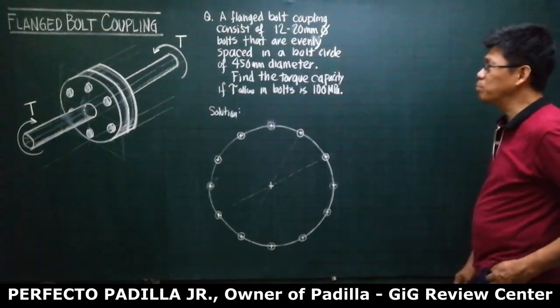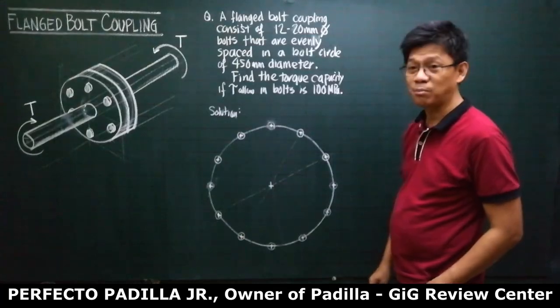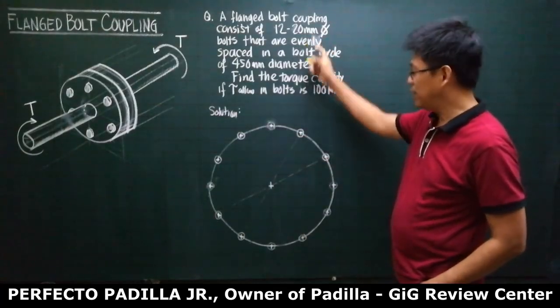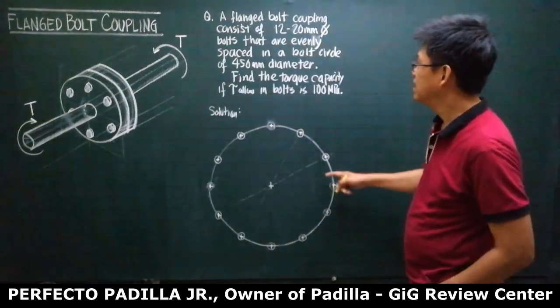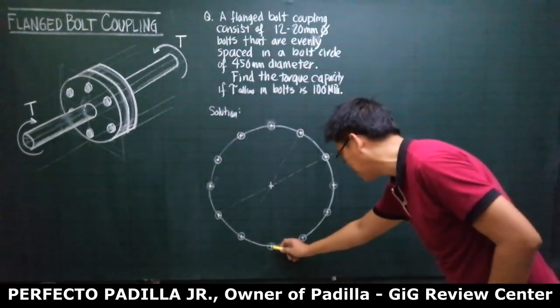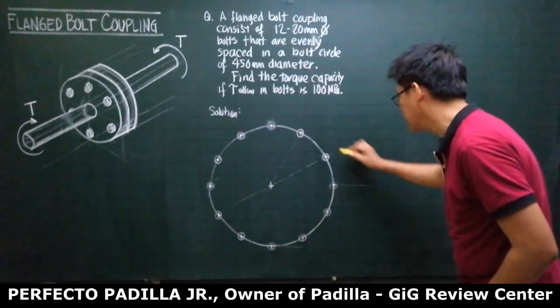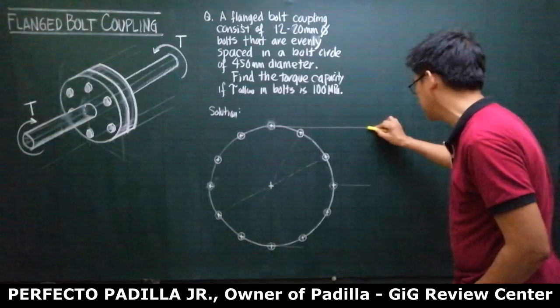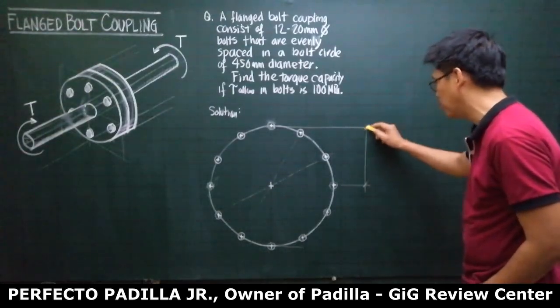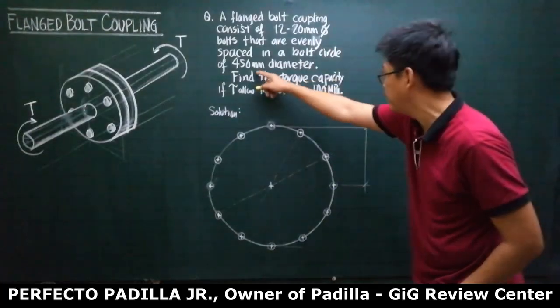A flange bolt coupling consists of 12 pieces of 20 mm diameter bolts that are evenly spaced in a bolt circle that is 450 mm in diameter. So the diameter of this is 450, meaning the radius, the distance of each bolt from the center, is one half of 450.